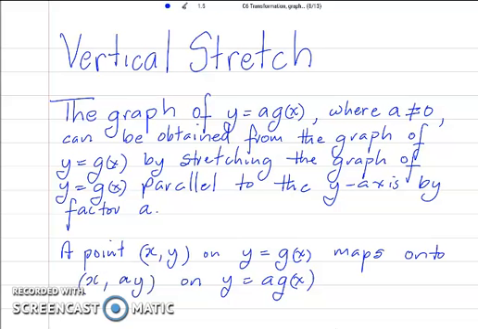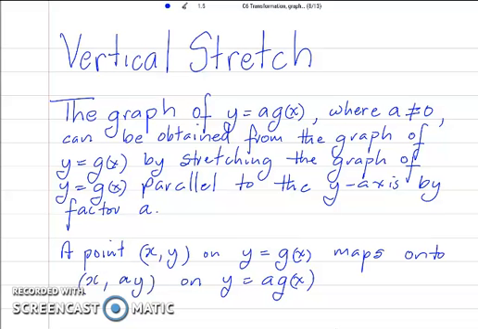What this means is that a point (x, y) on y = g(x) maps onto the point (x, a times y) on the graph of y = a g(x).